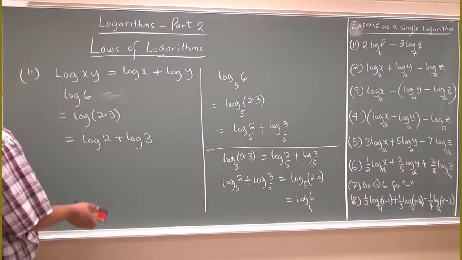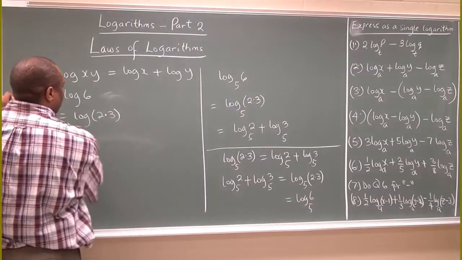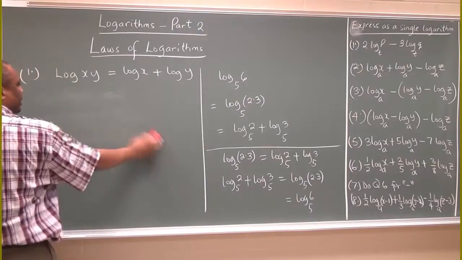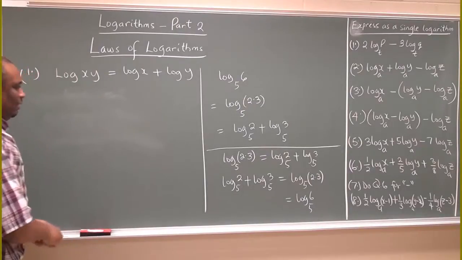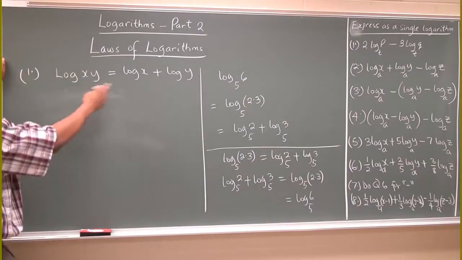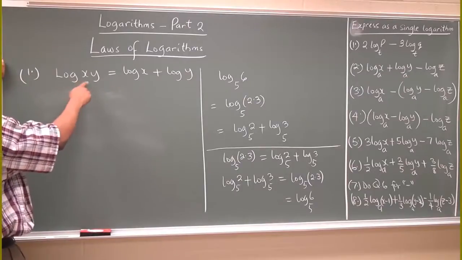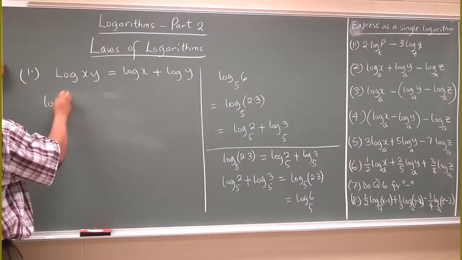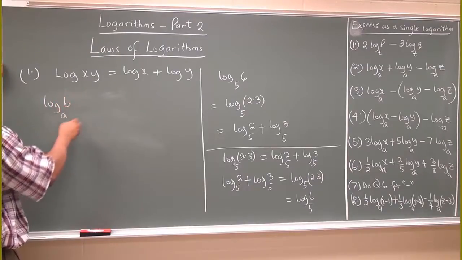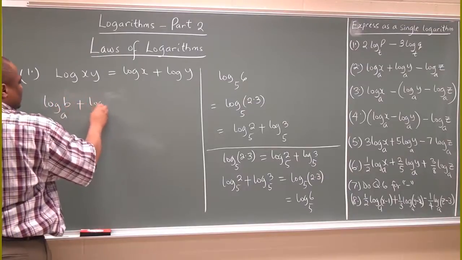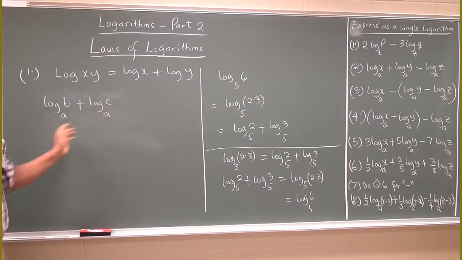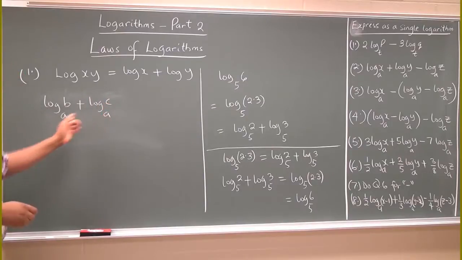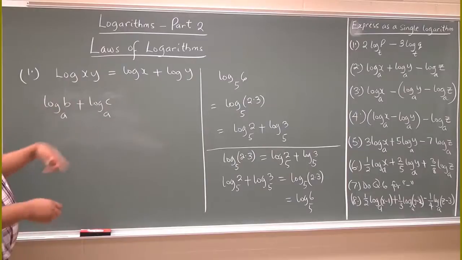And this works also for algebra. It doesn't just work for the arithmetic, the numbers we did. Just like you have here, let's say if you have log b base a plus log c base a. You can work the other way around.